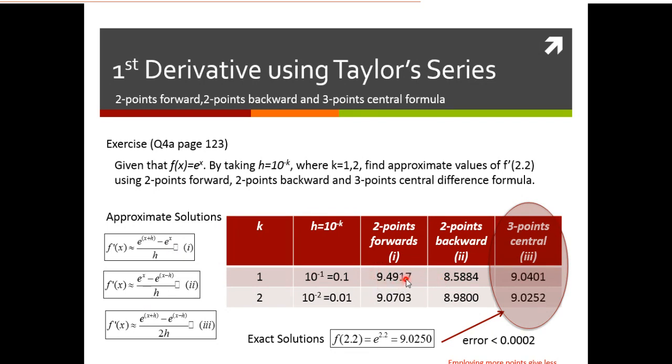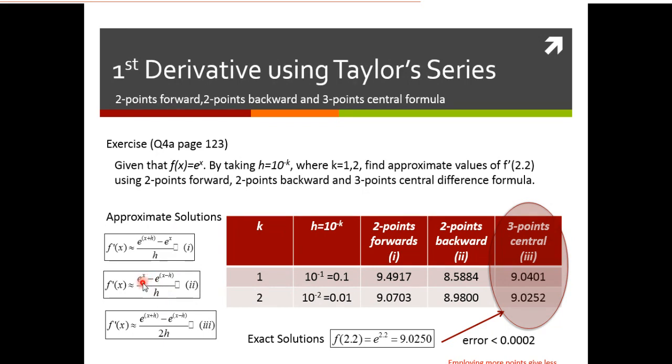So you can get the answer value of the 2-point forward difference formula as 9.4917. The same goes for the 2-point backward formula. Create this function in your calculator. You can replace the x with a, or you can stick to alpha x or the x symbol to represent the x value, and the h value you can change into other symbols such as b, a, or so on, and then you just tap on the calculate button.